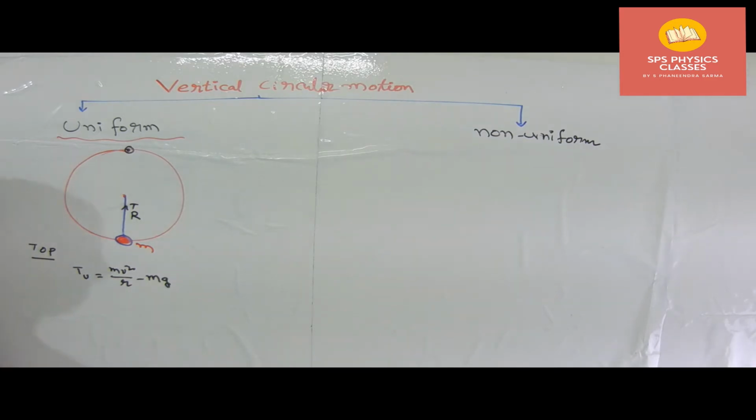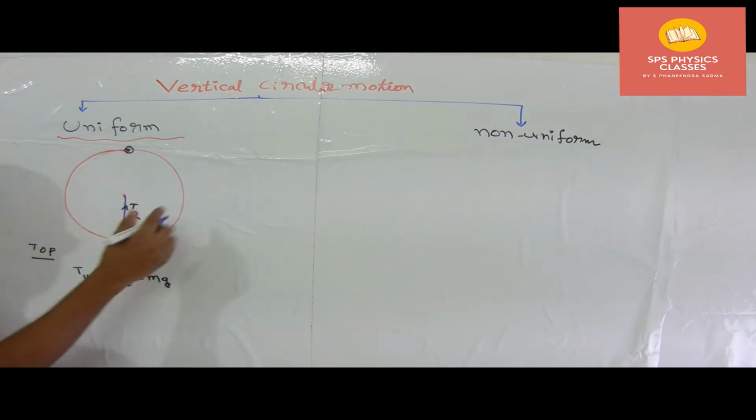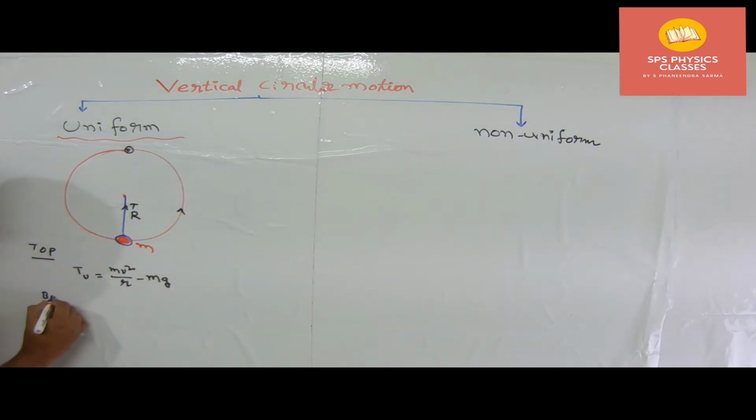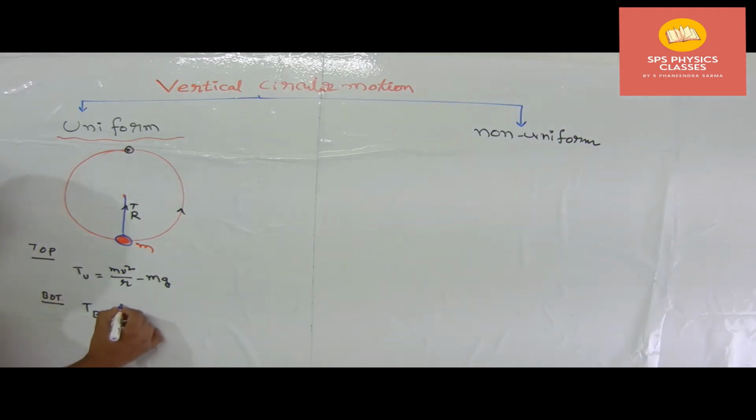mg. Similarly, when the object during the rotation is at the bottom point, we have Tb equal to mv square by r plus mg. We can write like this.